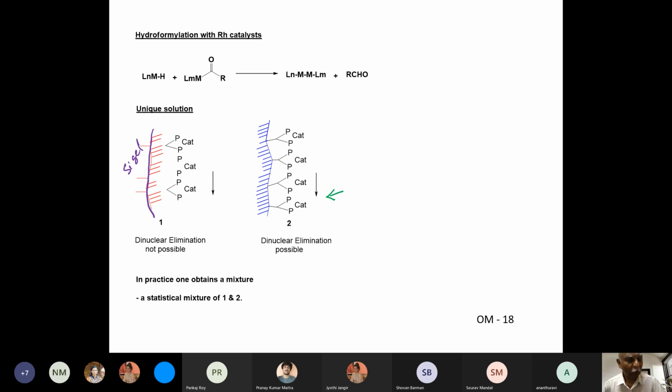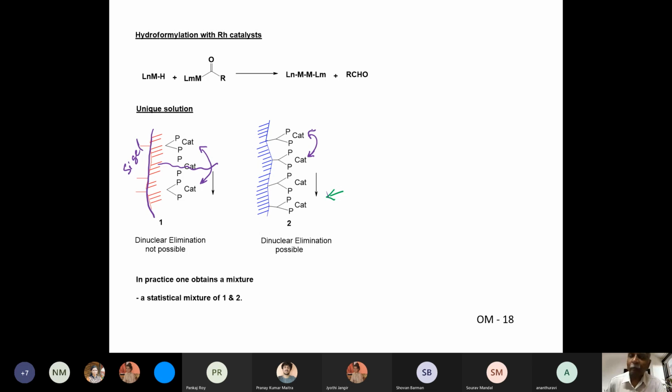Depending on the loading level, suppose you have isolated species, then these two cannot come together to react. Whereas if I have a large number of phosphines, then I have the probability of two species being close by, and they can do dinuclear elimination.